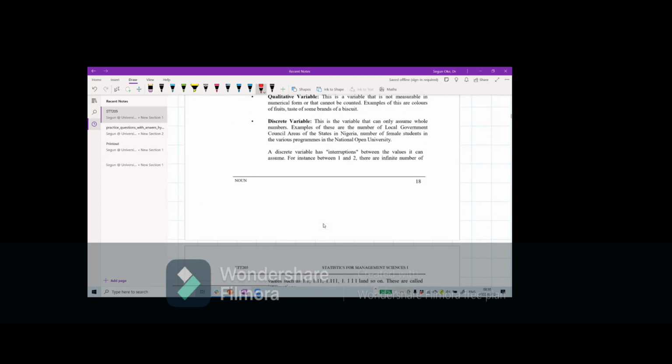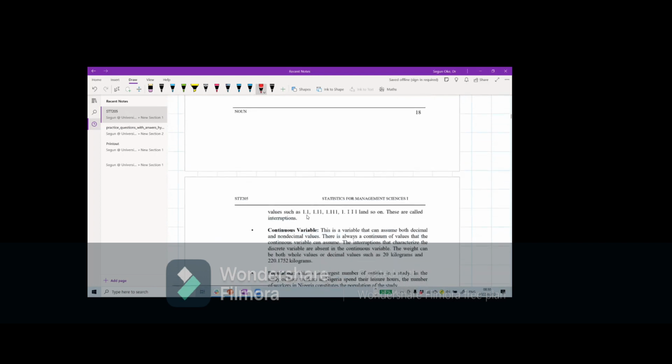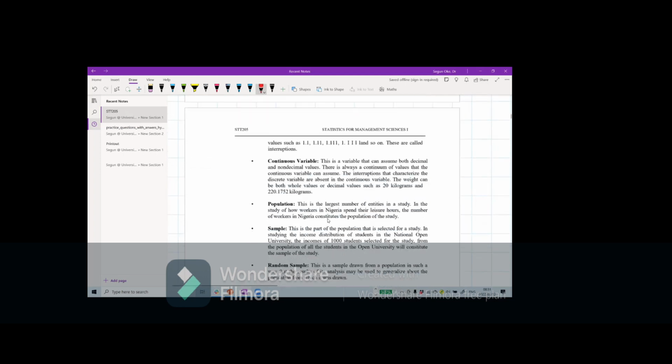Now, look at this. A discrete variable has interruption between the values. It can assume, for instance, between 1 and 2, such as 1.1, 1.11, and so on. We call that interruption. But what about continuous?